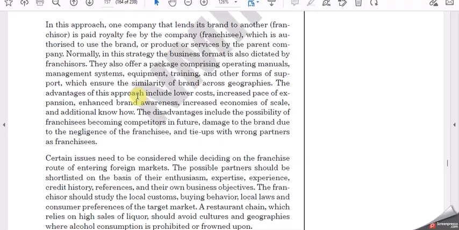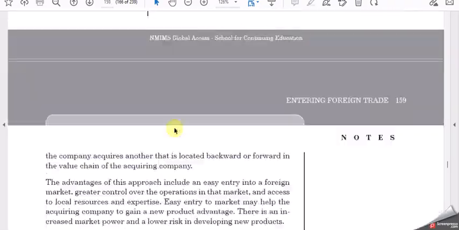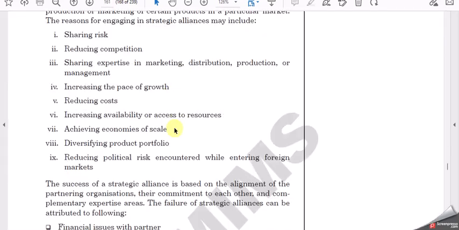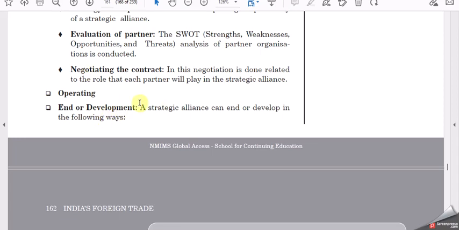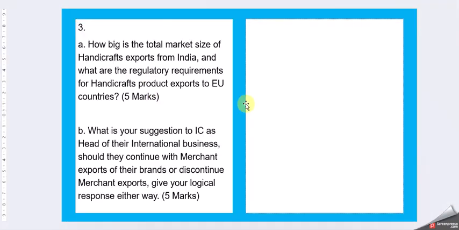Here you have a good amount of information, and since IC is already looking at merchant export, you can connect the dots with that and this kind of information, and then you'll be able to write your 10 marks question.